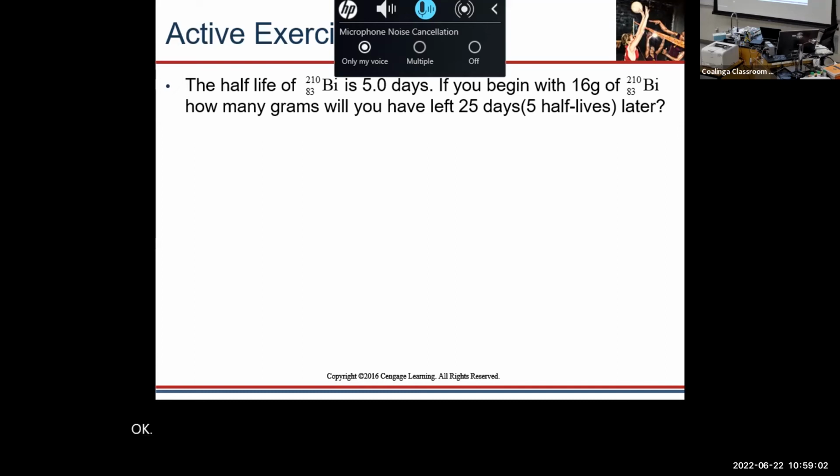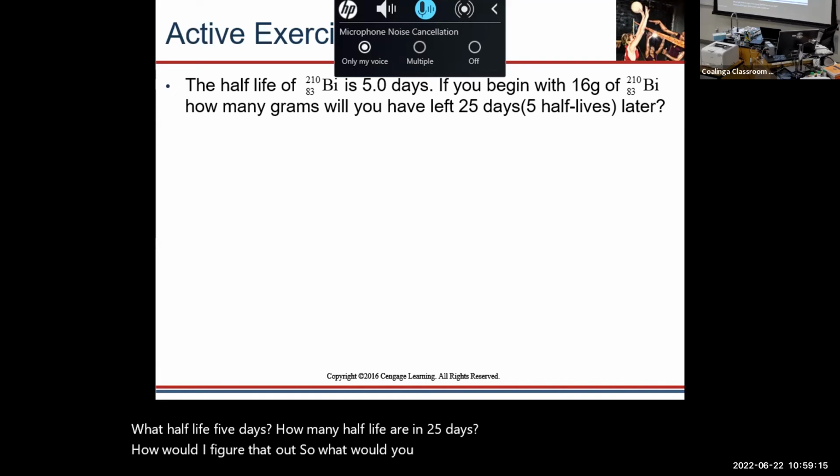one half-life is just 5 days. How many half-lives are in 25 days? How would I figure that out? Simple: 25 days divided by 5. So that would be 5 half-lives, right? Then I would just plug this into my equation.